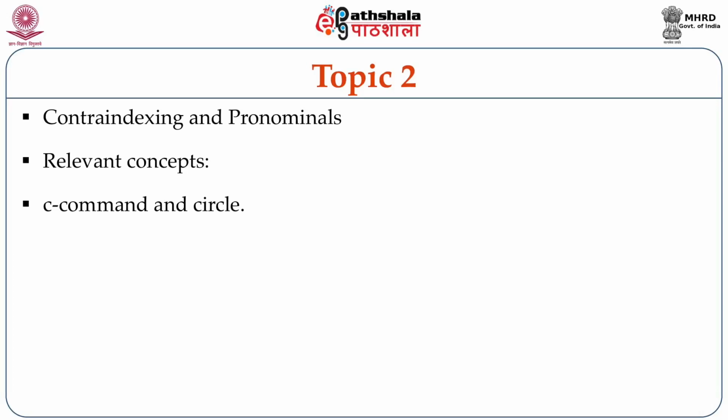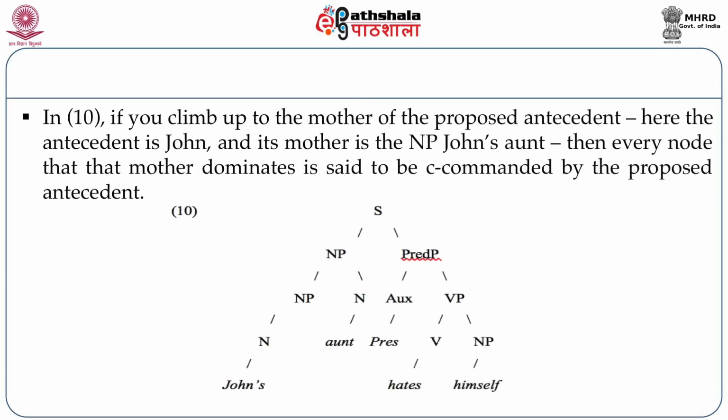C-command is a relation between 2 nodes in a syntactic tree such that X C-commands Y if, when you go up from X to the first branching node and then come down and look around, you can find Y. Thus, for example, if you say "John will shave himself," you've got a sentence, then you have a noun phrase, John, and you have a verb phrase, will shave himself.